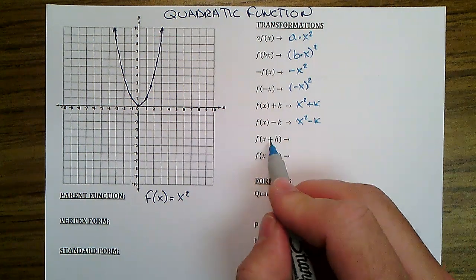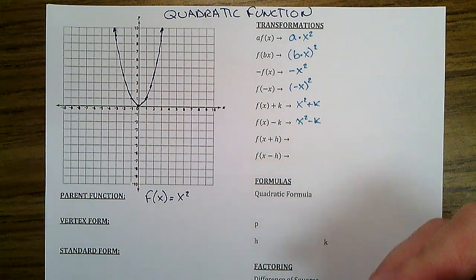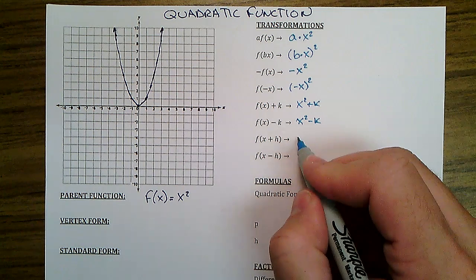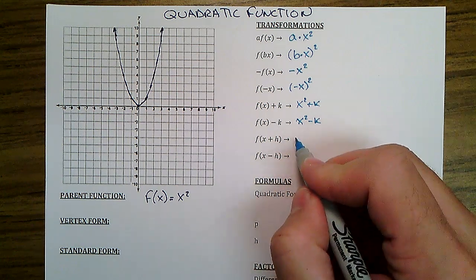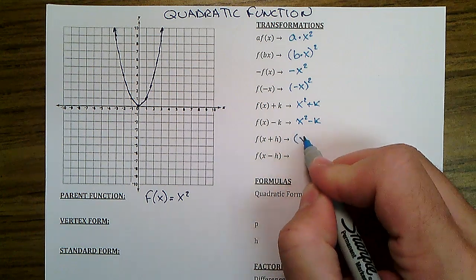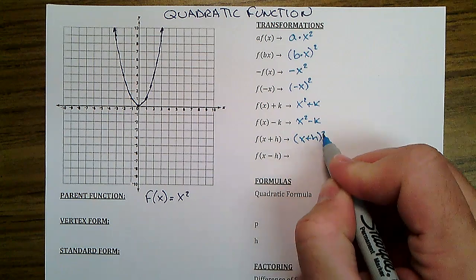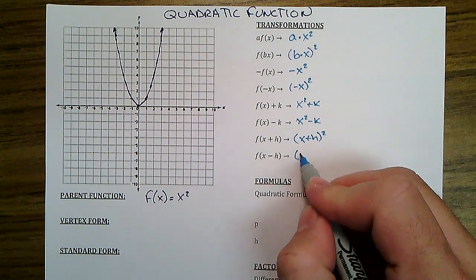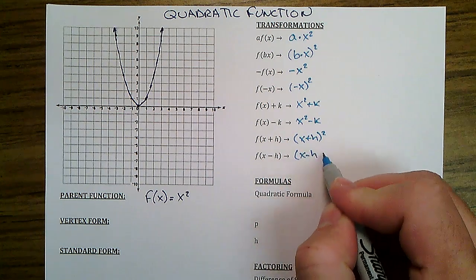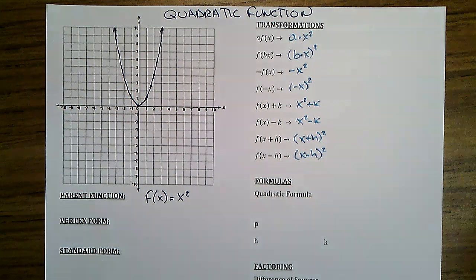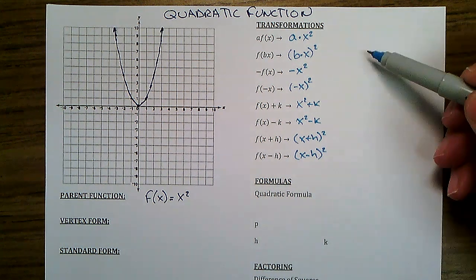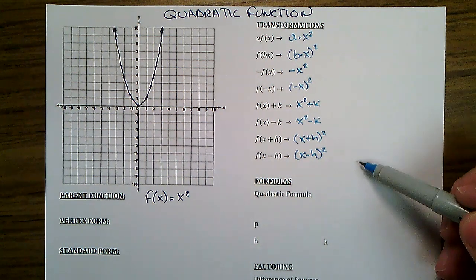And since it's inside the parentheses, we have to put it inside the x squared, or inside the squared function. So this is going to be x plus h squared, and this is going to be x minus h squared. And then you can just label the effects of those transformations yourself.